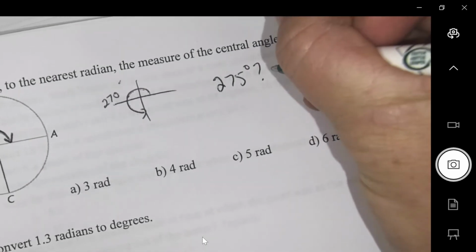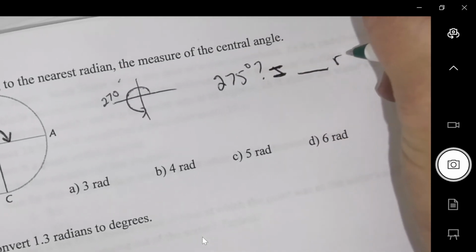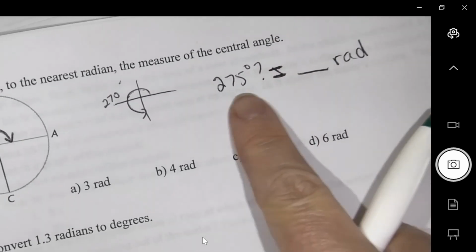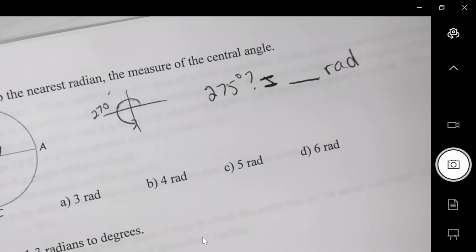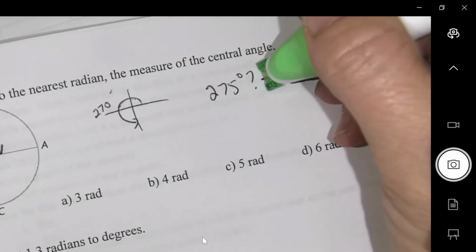How do you convert to radians? Do you remember that? So that many degrees is how many radians when you know what? What is the thing you know? Do you remember what you know?